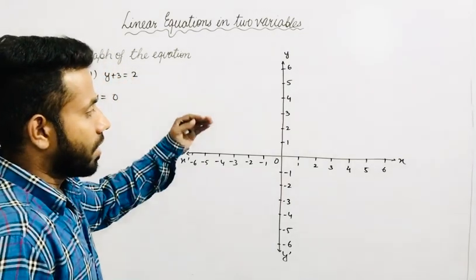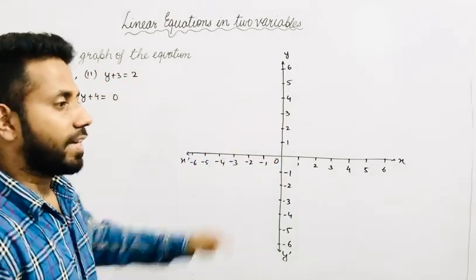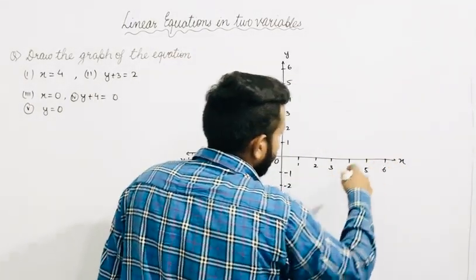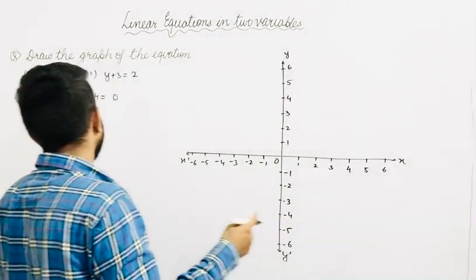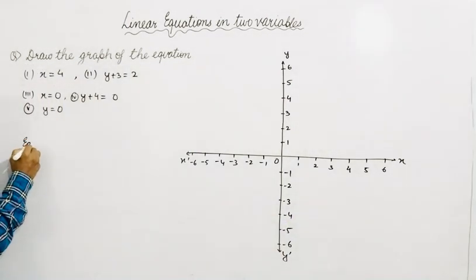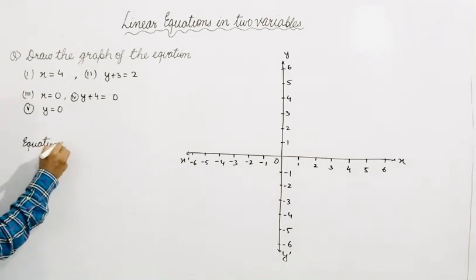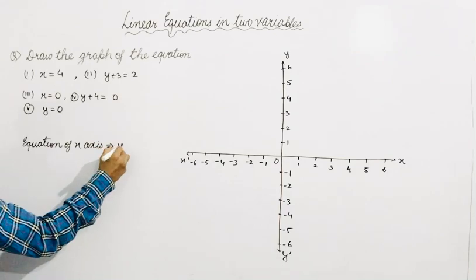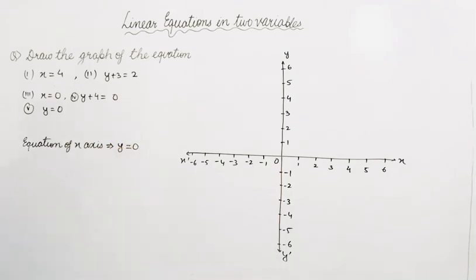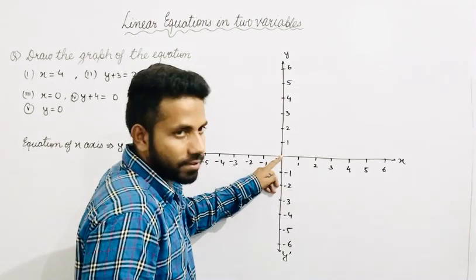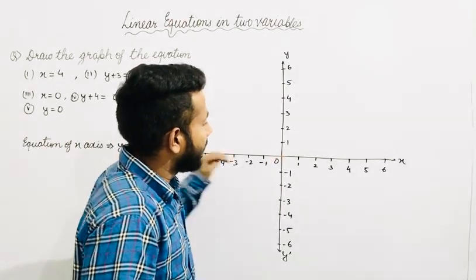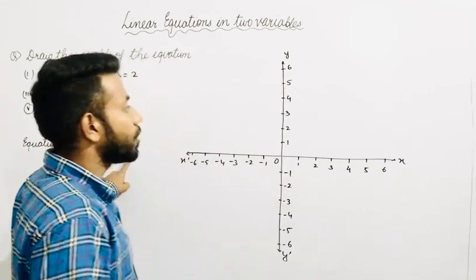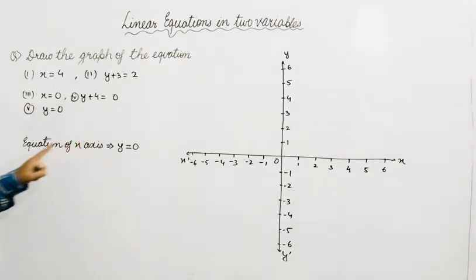If I ask you what is the equation of x-axis, this is the x-axis. So the equation of x-axis is y equals 0. What is the value of y on the x-axis? It is 0. So remember, the equation of x-axis is y equals 0.